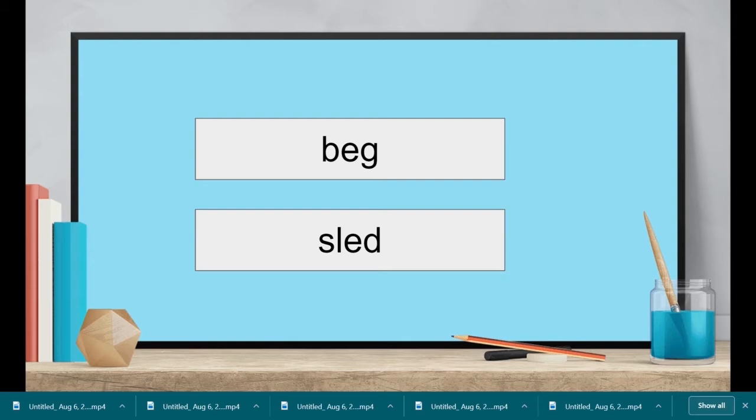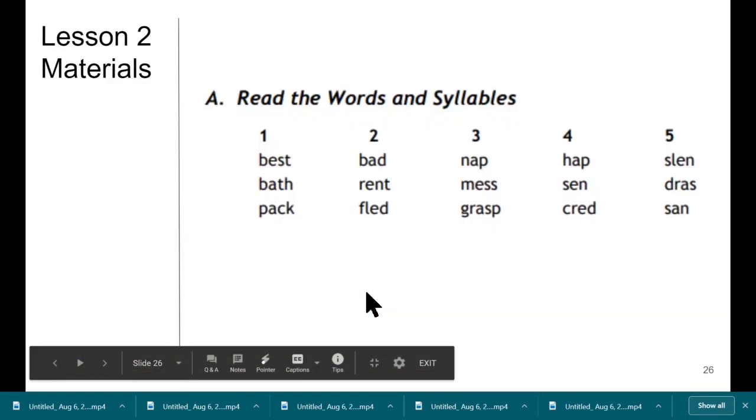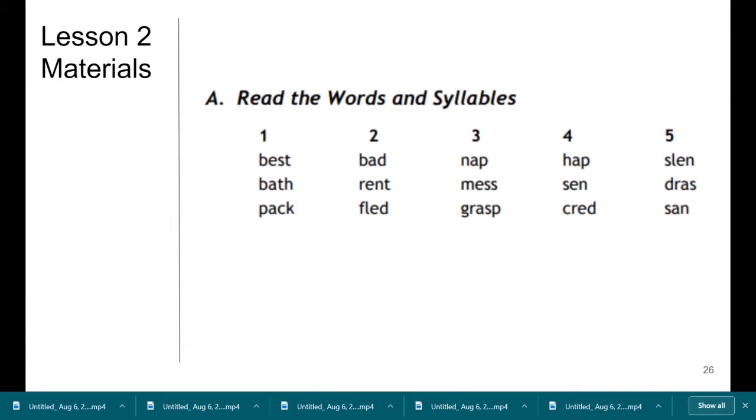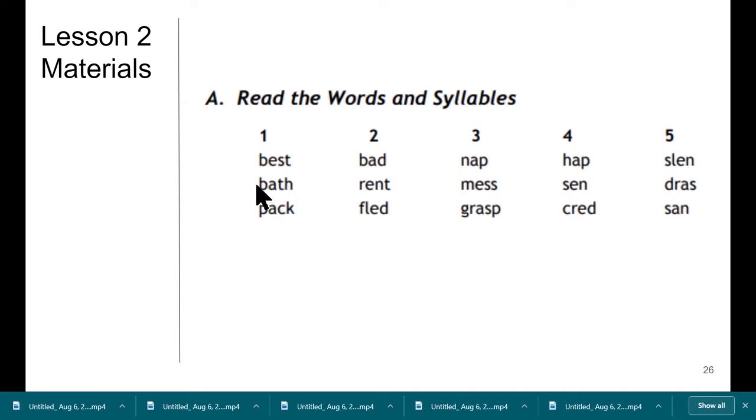So again, as a refrain, we have our CVC syllables that we're working with, and a lot of those are words unto themselves. So we have a word like beg and sled, right, with a short E sound. In the first activity in the book, lesson 2, activity A, they want you just to read the words in this list, focusing on making the short vowel sound.